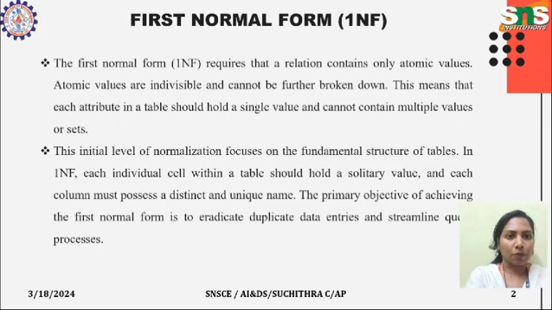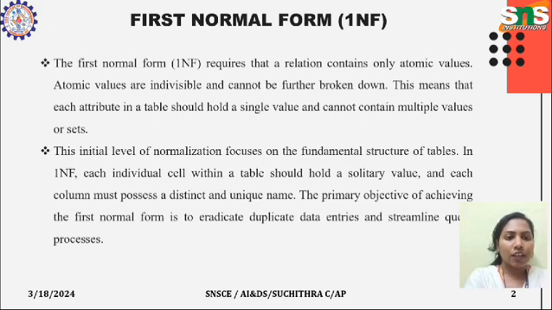First normal form, that is 1NF. The first normal form requires that a relation contain only atomic values. Atomic values are indivisible and cannot be further broken down. This means that each attribute in a table should hold a single value and cannot contain multiple values.